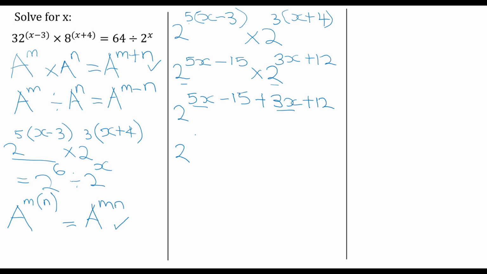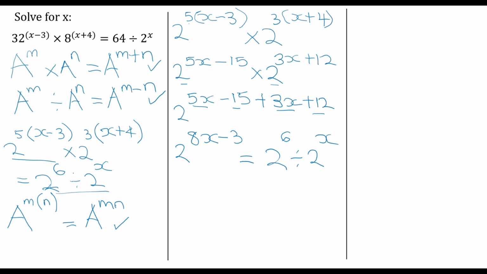You sum them up, it's 8x, negative 5 plus 12, that is minus 3, is equal to the right-hand side here, 2^6 divided by 2^x.